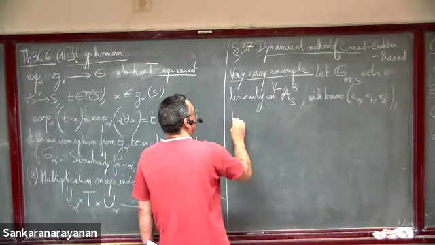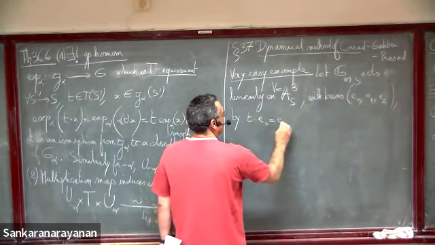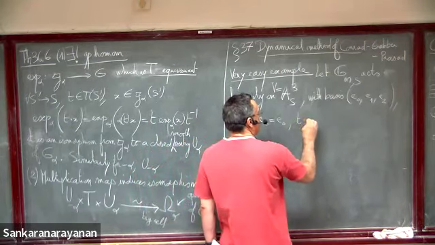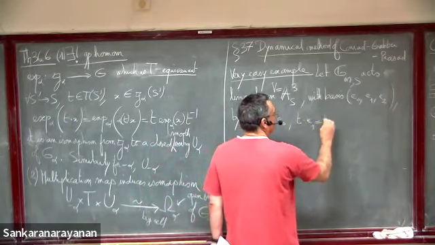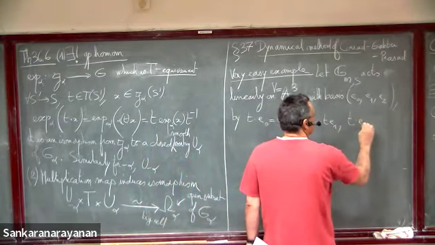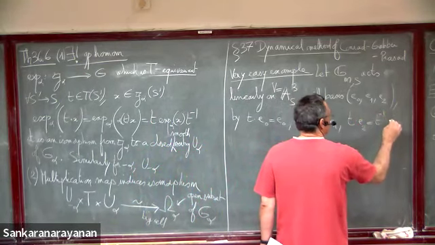So the action is, well, t acts trivially on e0. t acts on e1 by multiplication by t. And t acts on e2 by t inverse.